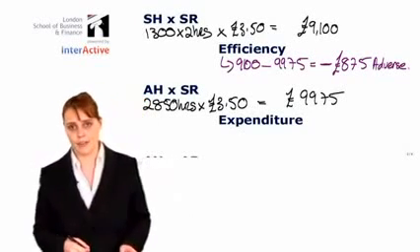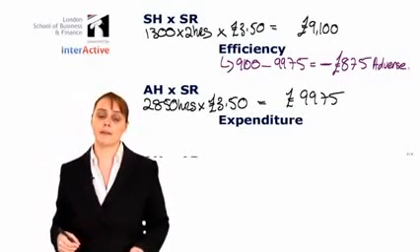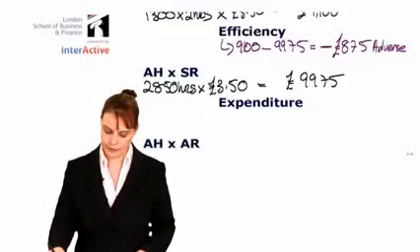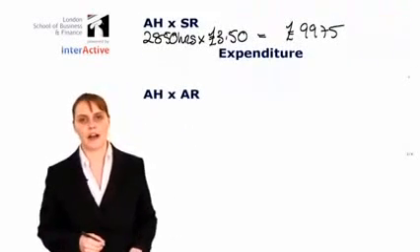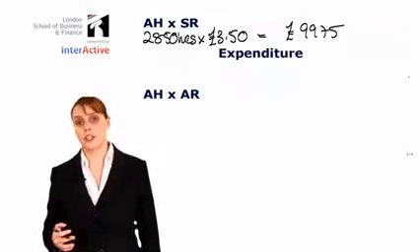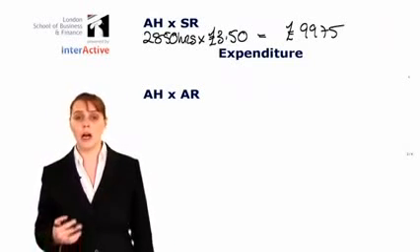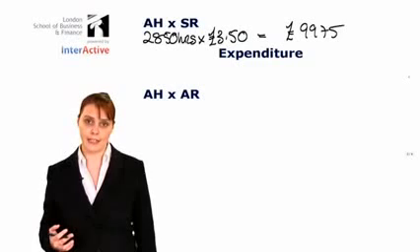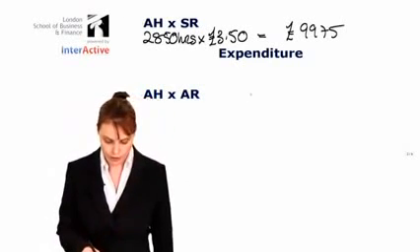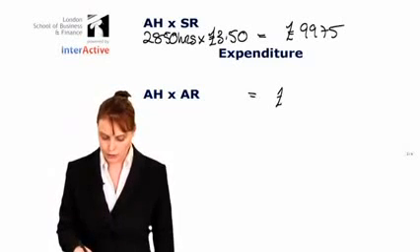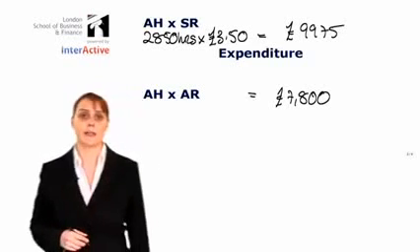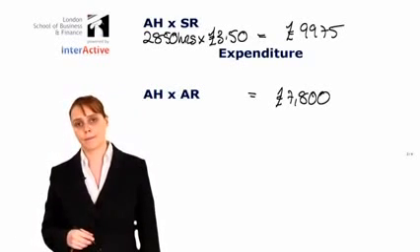Moving on to our second variance then, our variable overhead expenditure variance. So we've calculated our actual hours at the standard rate. All we need to do is compare this to our actual variable overhead incurred, which we were given in the question. We were told that in total we have spent 7,800 on our variable overheads.